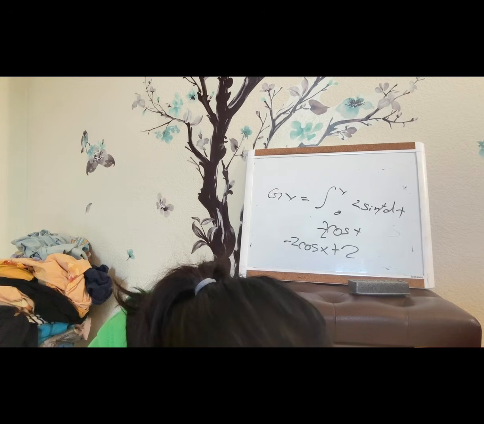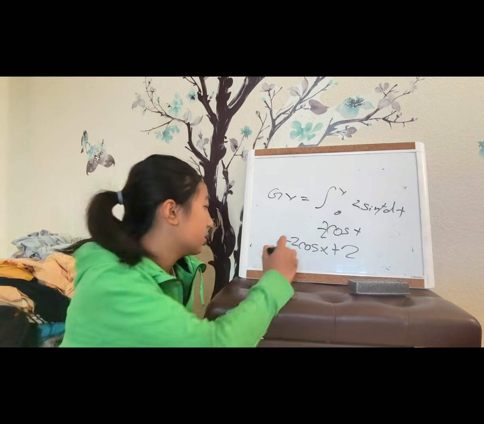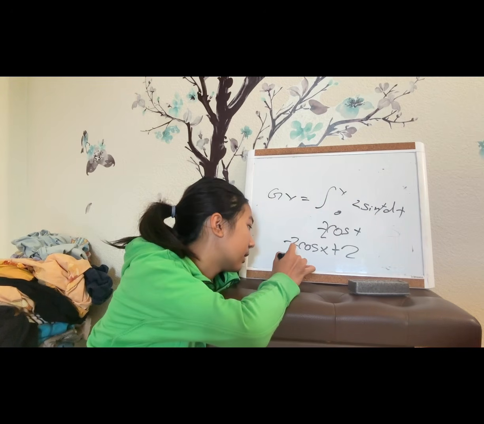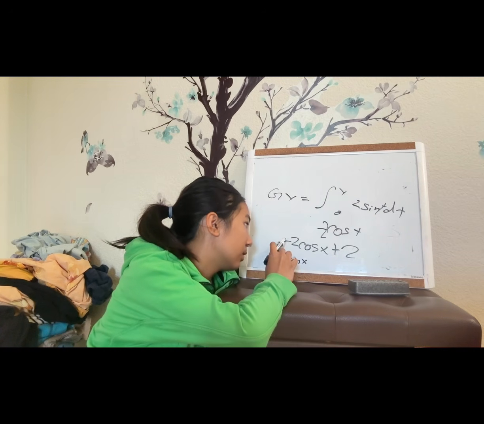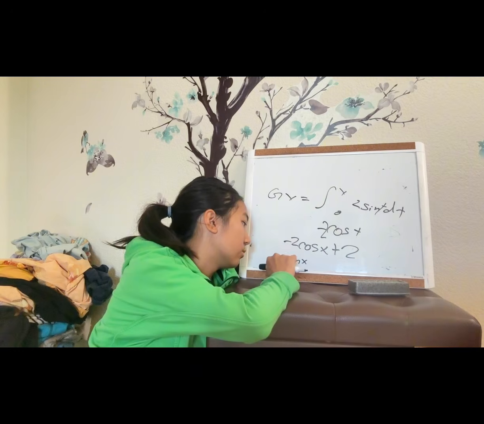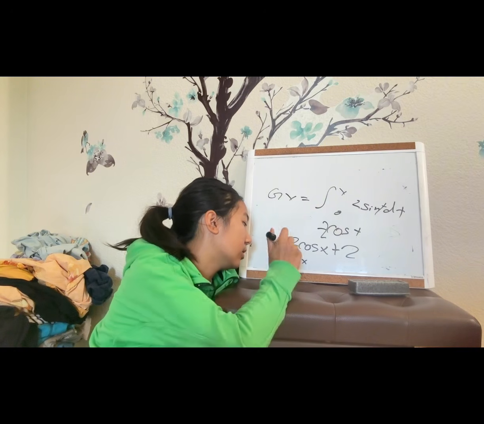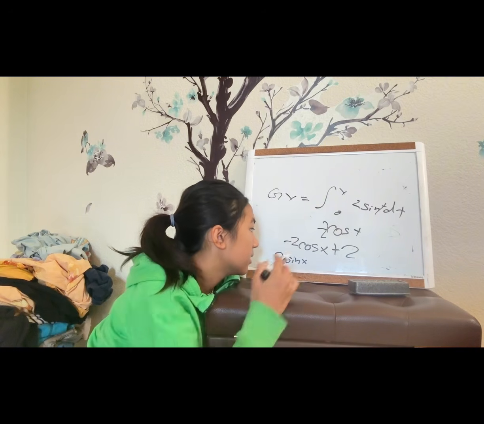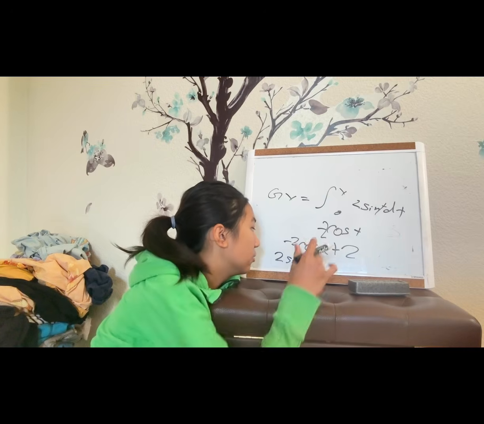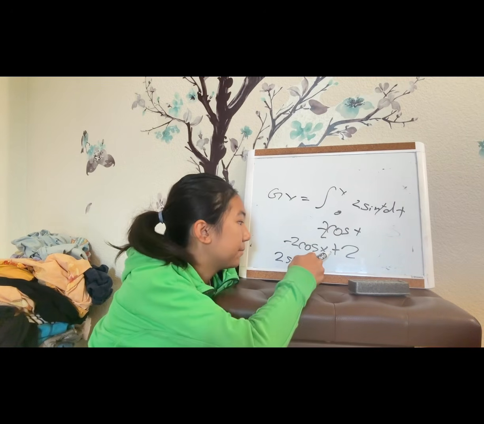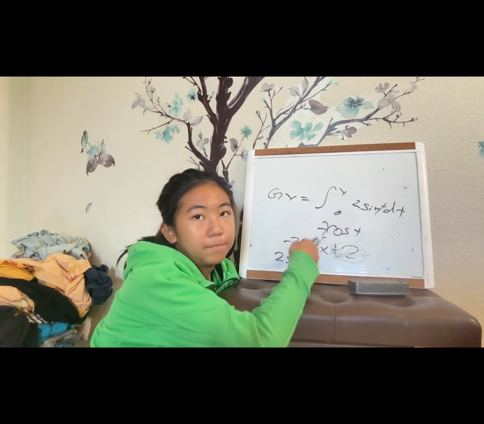Okay, so the derivative of cosine is equal to negative sine x. Since we need to multiply by -2, we can just get rid of that negative sign, and we can just say 2 sine x. And then plus, if we do derivative, that is gone.